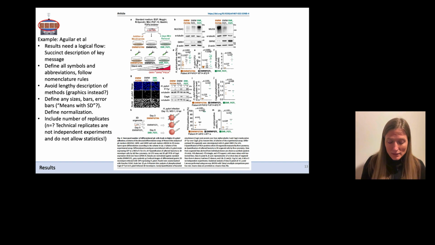And you can only do statistics on independent biological experiments, a minimum of 3, and look up which test is actually allowed for which kind of data. And then within your figure legends, you need to state what is your N.